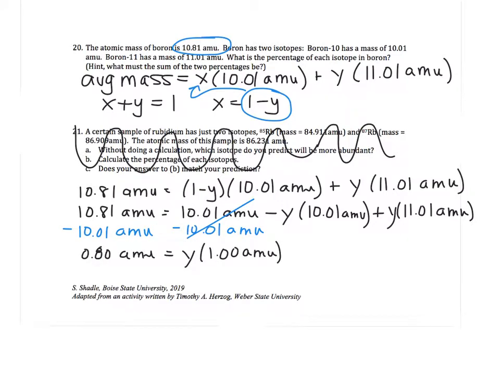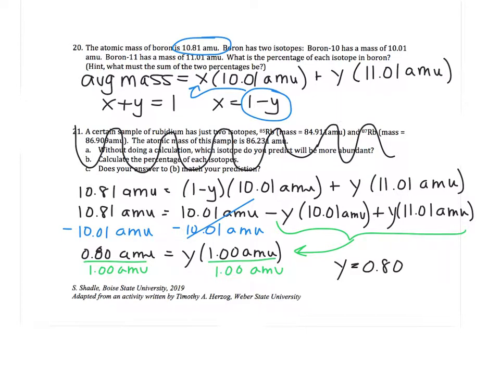So here's the next step in my problem solving. 10.81 minus 10.01 is 0.80 AMUs, and when I combined these two, I get y times 1 AMU. Now I just divide both sides by my 1 AMU. And what I get is that y equals 0.80.